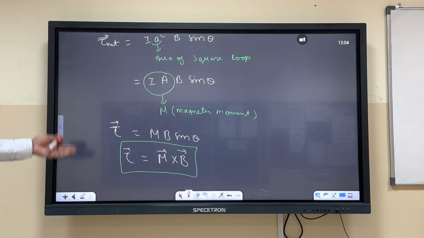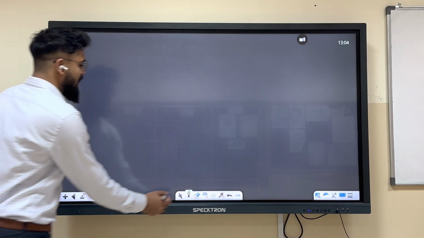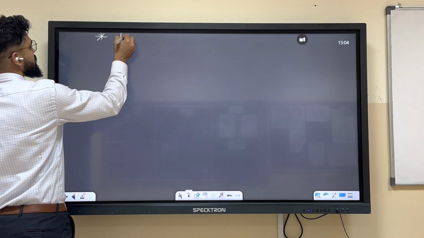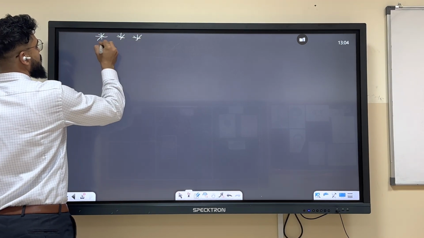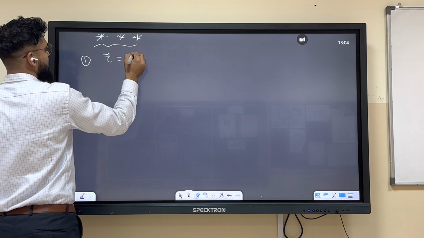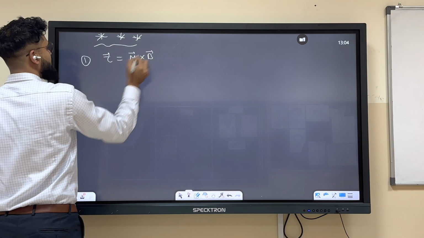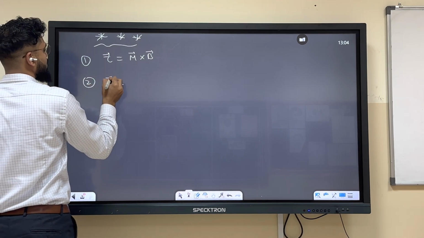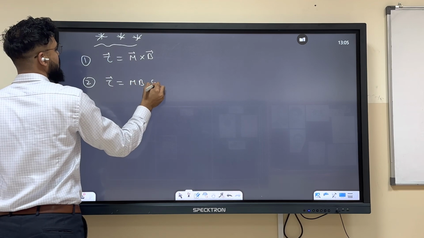Okay, so basically if you are able to come till this point, now can we write a few star forms? Same thing. क्या होगी स्टार फॉर्म? Torque is M cross B, or you can write torque as M B sin theta.